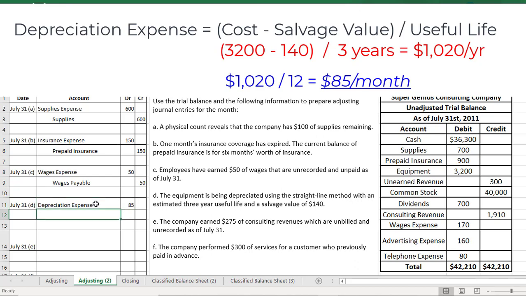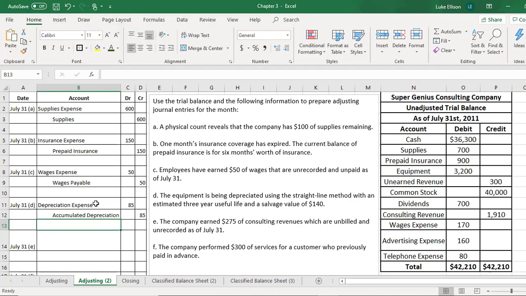And then along with that is going to be an account we call accumulated depreciation, also for $85. Now the accumulated depreciation account is a contra asset account, meaning it has the opposite normal balance of what normal assets have, meaning it has a credit balance. And that's going to offset the equipment account. So these two accounts are really tied to each other, and this is going to total up all the depreciation that's been recorded on the equipment.